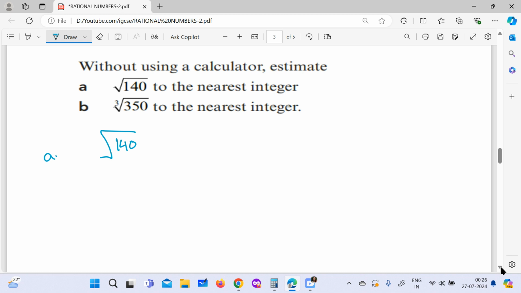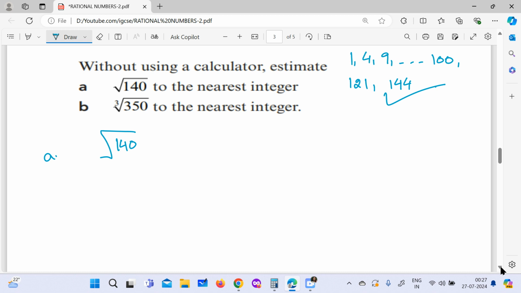See, 1, 4, 3 squared is 9, and then okay, let's go directly to 100. 10 squared is 100, and the next square number is 121, and then the next square number is 144.